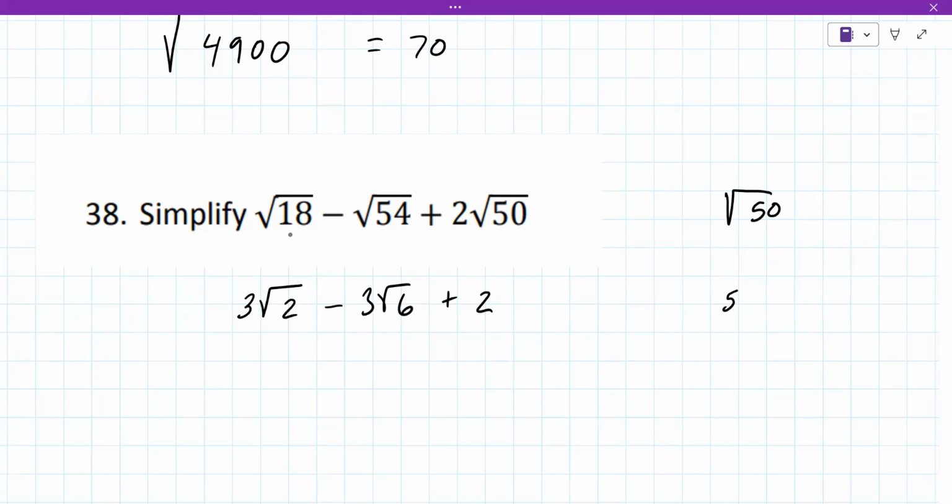Be 10 square root of 2. 100 does not go in here, so there's no way to get a 10 out. But if you're going to do it the way you're doing, which is fine, that's the more advanced way. You have to say that it's 25 times 2. Square root of 25 is 5. 5 square root of 2, and then you multiply by 2 to get the 10. Yeah, 10 square root of 2.